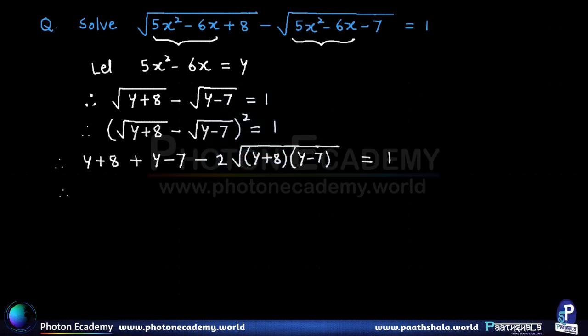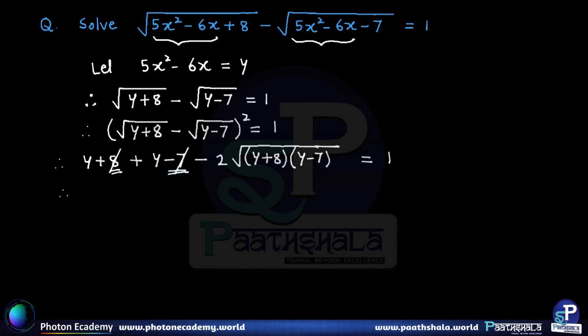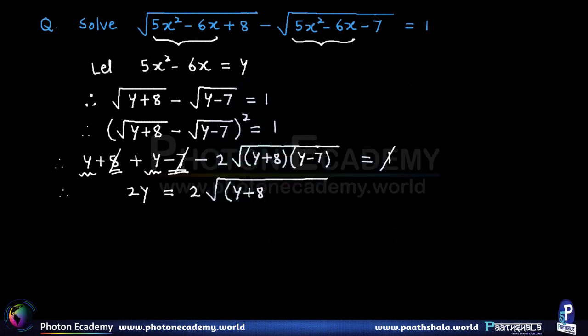Now taking the negative root term to the other side and bringing the 1 to the left hand side, 8 minus 7 is equal to 1, so that gets cancelled with the 1 on the RHS. Also we have y plus y, which is 2y, equals 2 root of y plus 8 into y minus 7, so we can cancel 2 from both sides.